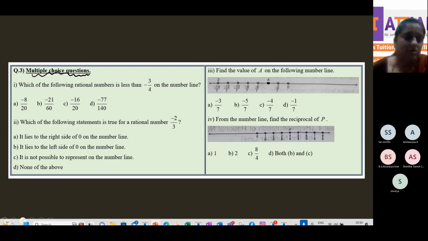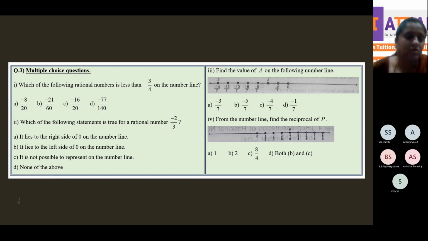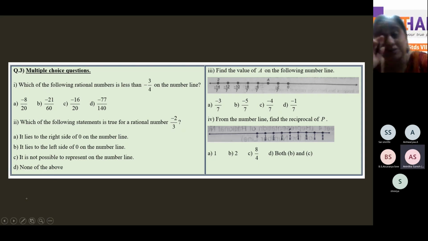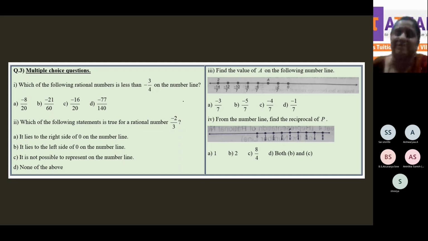No, it depends on the question. See here, if it says which one of the following, then it is only one. If it says which of the following, you can have more than one answer. It is possible to have -3/7, -5/7, or -4/7 in some questions. But here, as I was telling you, it is exactly in the middle of -2/7 and -6/7.